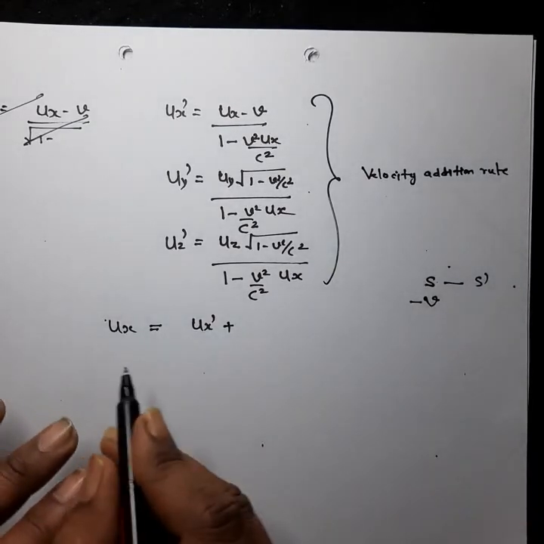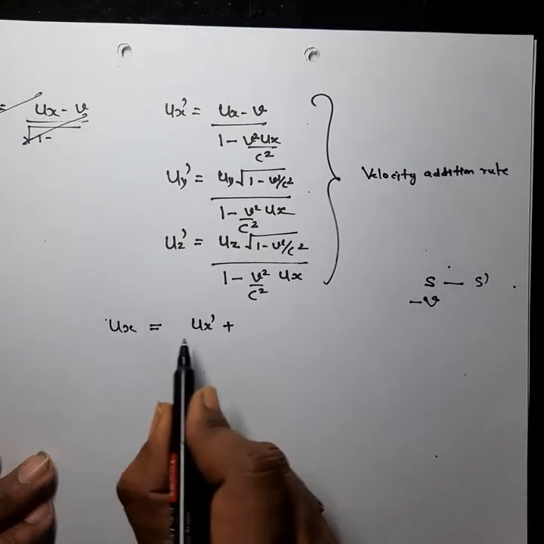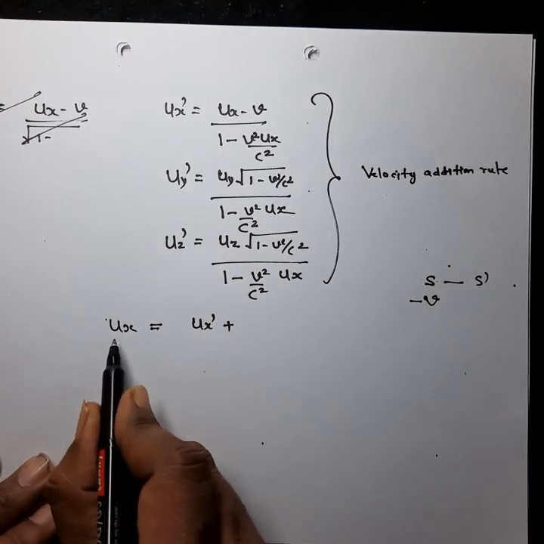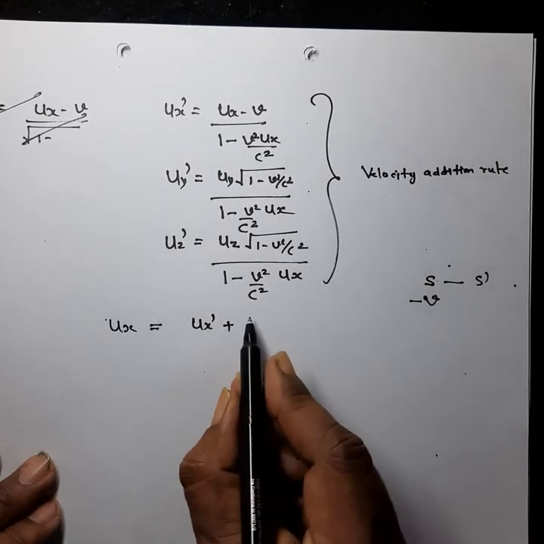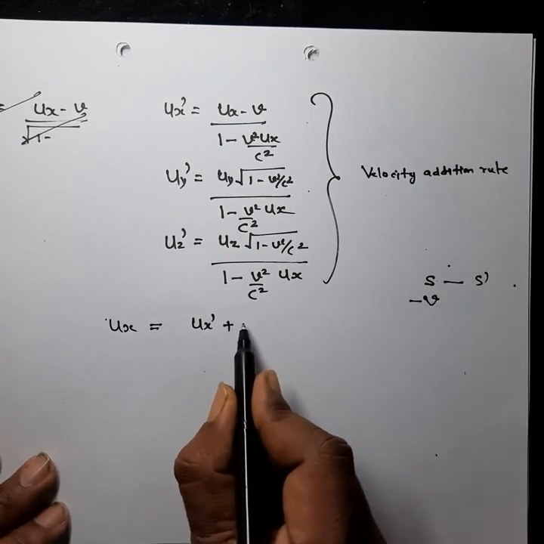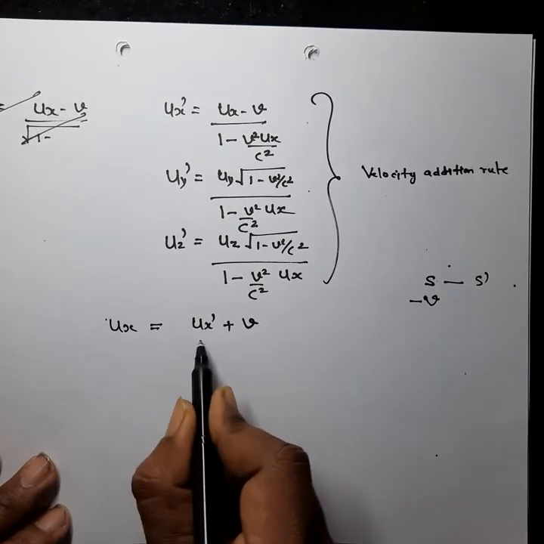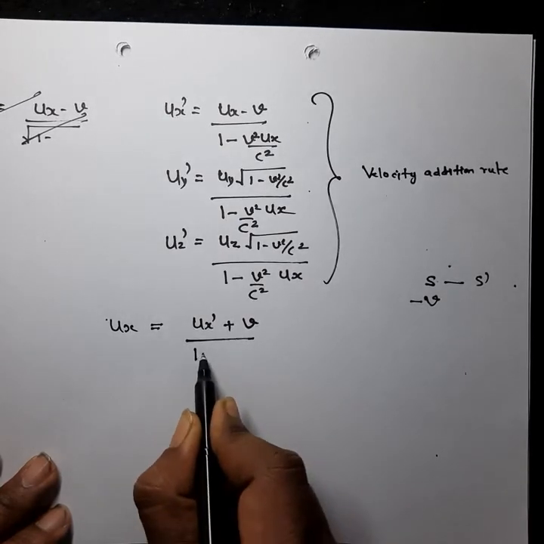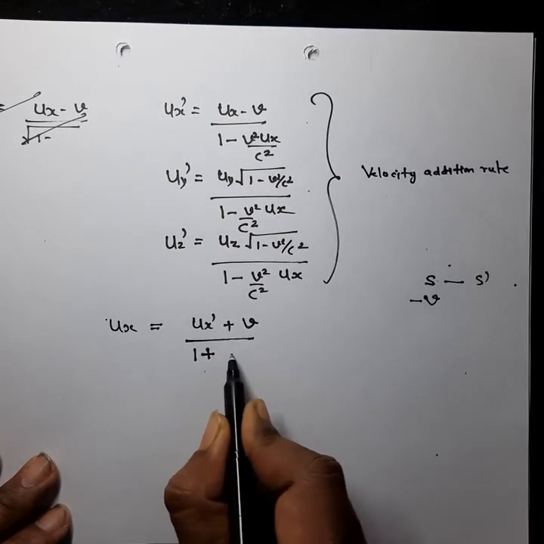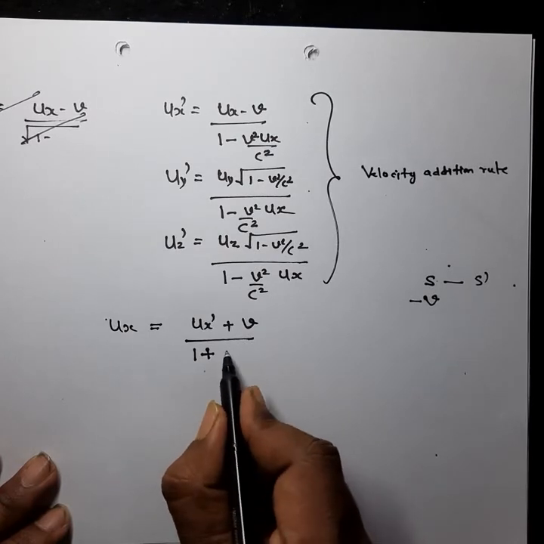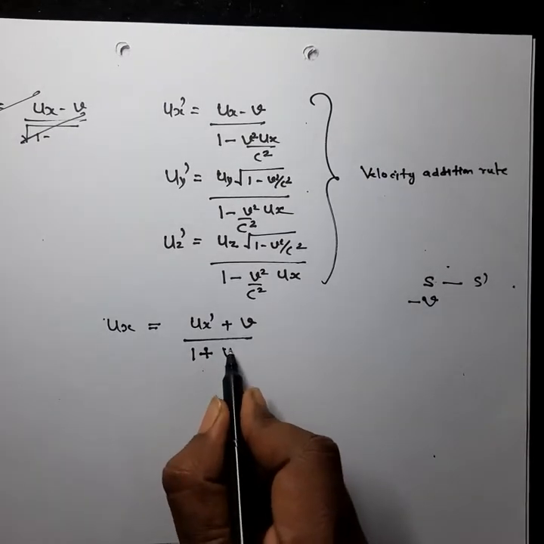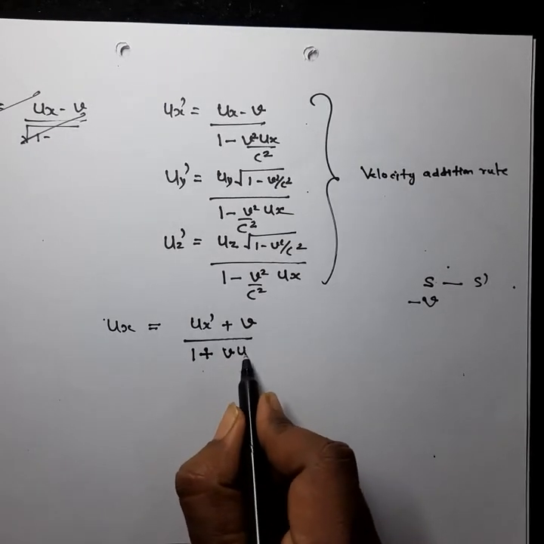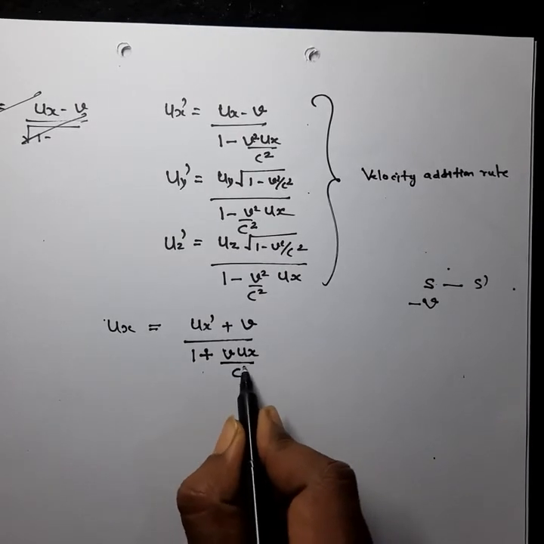In a similar fashion, you can write the velocity addition rules in terms of the dash coordinate system: ux is equal to ux dash plus v divided by 1 plus v ux dash divided by c square.